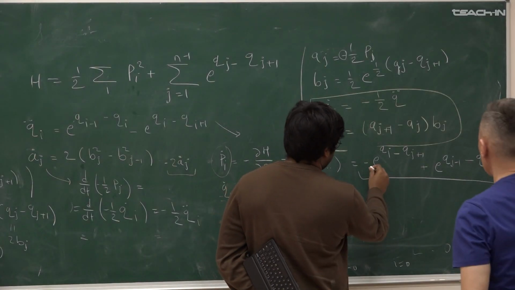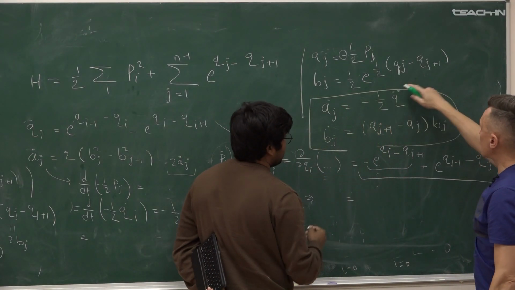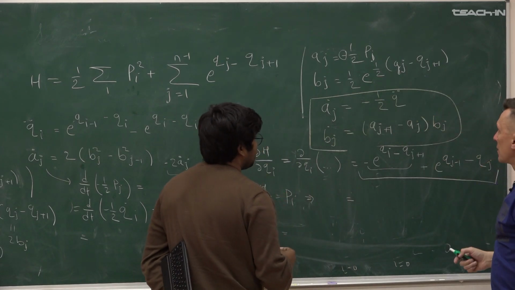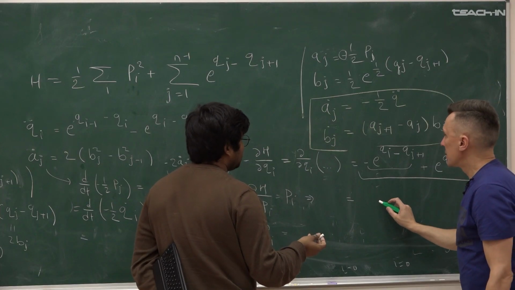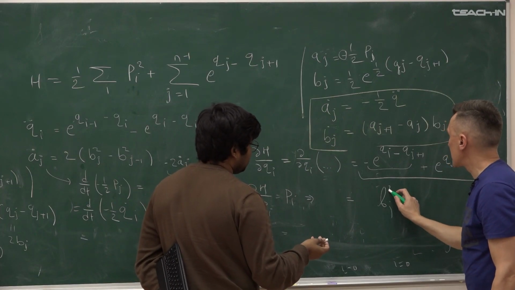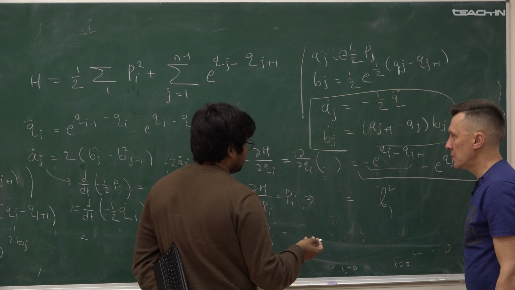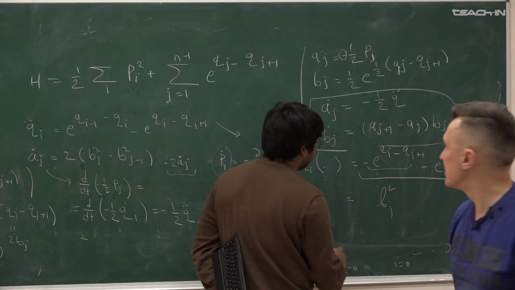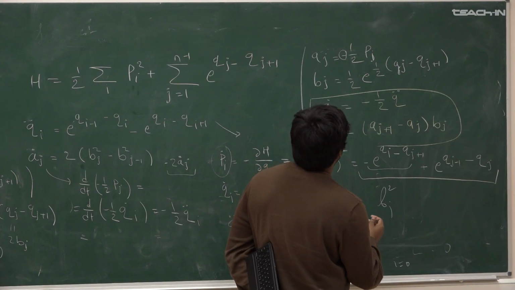You see, it is very close to that one, but we have 1 over 2 here. What to do? So there we need to take 2 times. It is closer to bj square, but there is some coefficient. The coefficient should be 2.